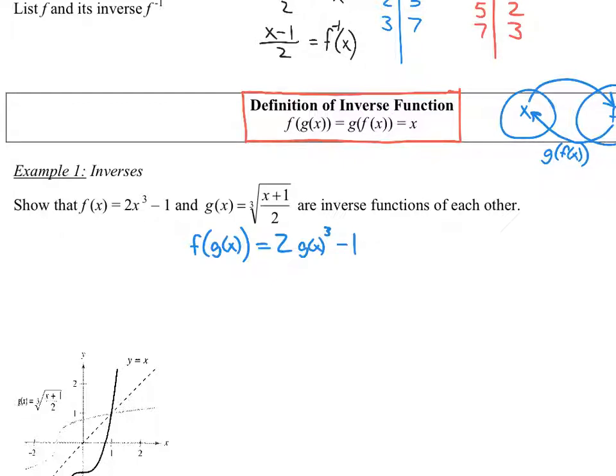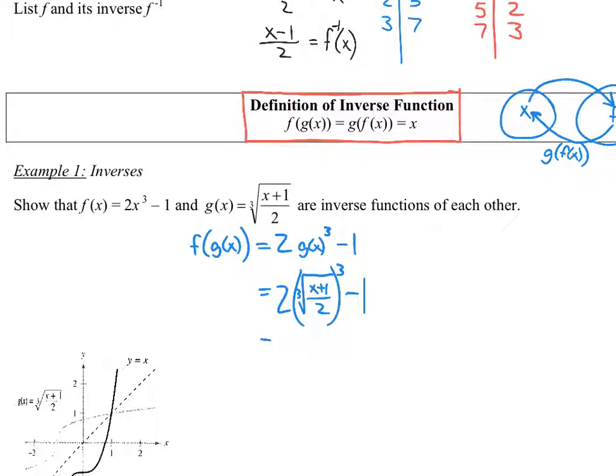Okay? Well, what's g of x? g of x is this big old cube root of (x plus 1) over 2. So that's what I'm cubing, multiplying by 2 and then subtracting 1 from. We should get x. Okay?